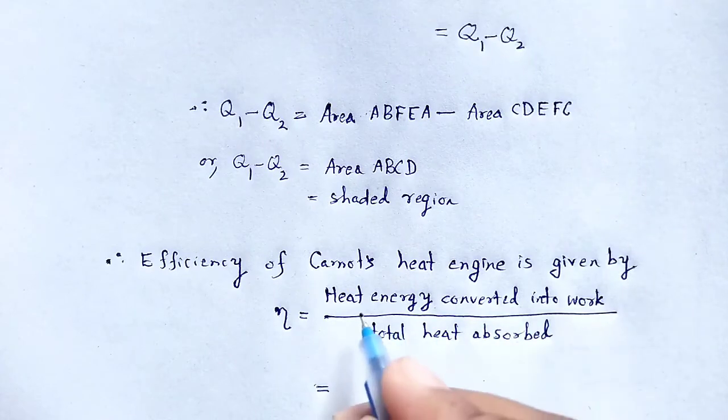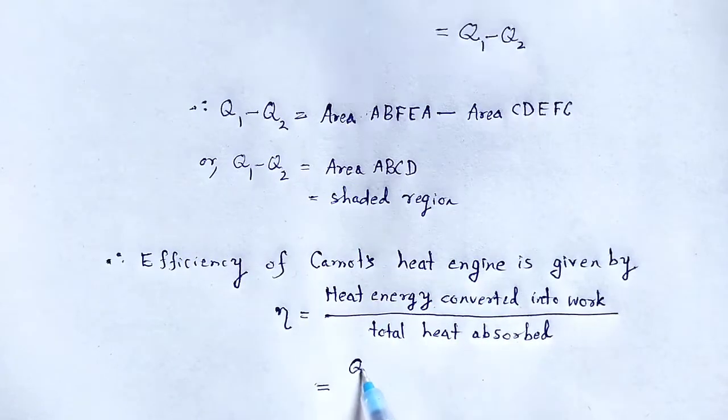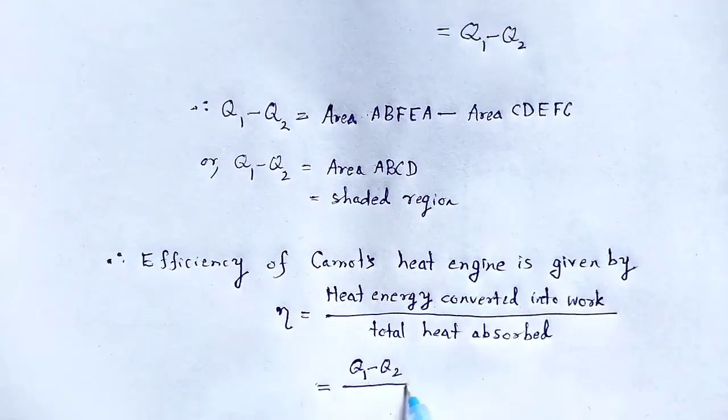The heat converted into work is Q1 minus Q2, and the amount of heat absorbed is Q1.